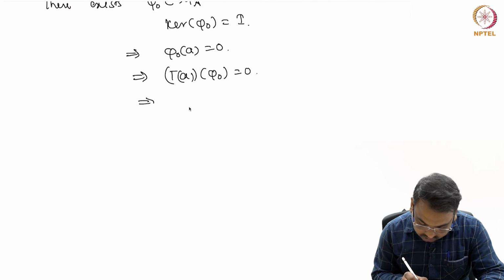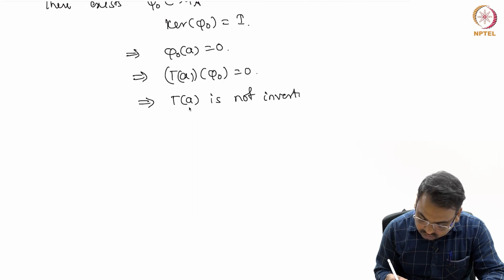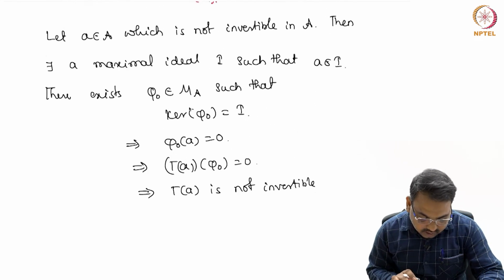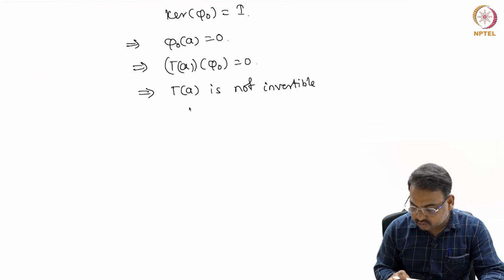So from this we can say that gamma A is not invertible.